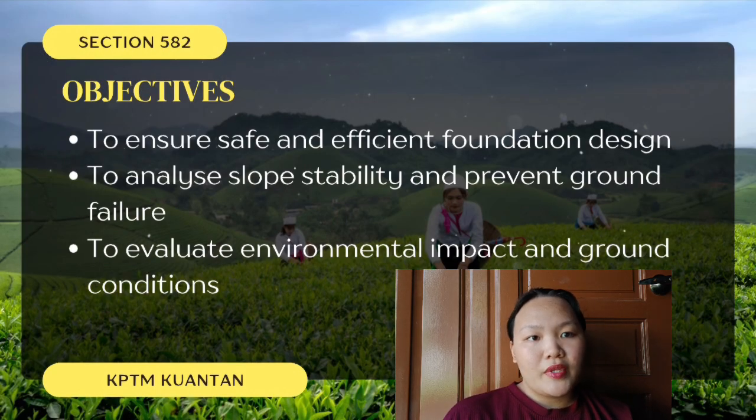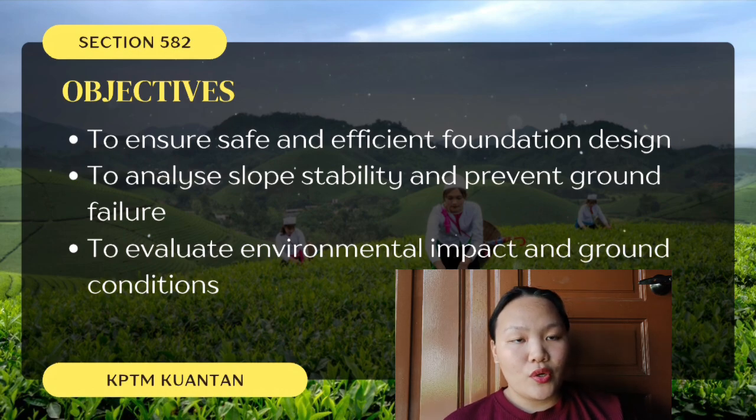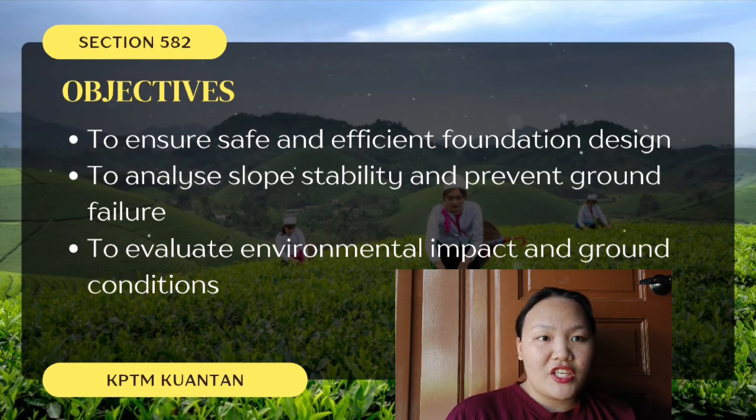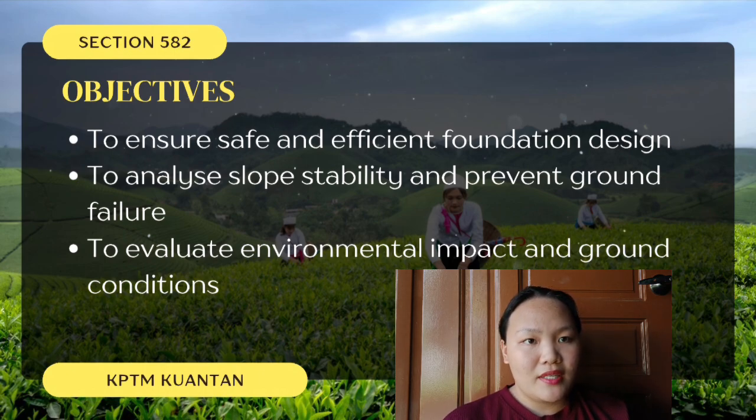There are 3 objectives for soil investigation. First is to ensure safe and efficient foundation design by providing data on soil strength and settlement. This helps avoid under-designed or overly expensive foundations. Second is to analyze slope stability and prevent ground failure.